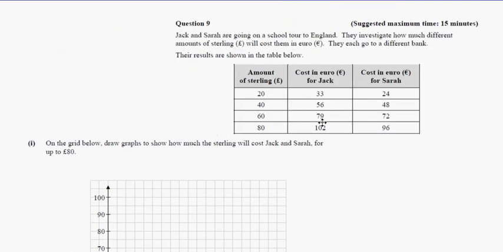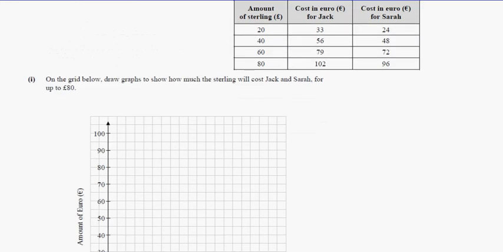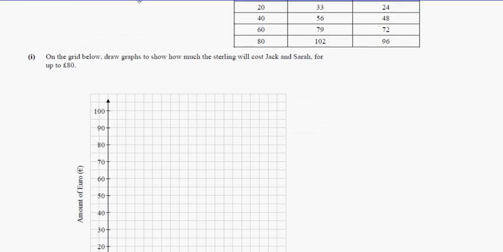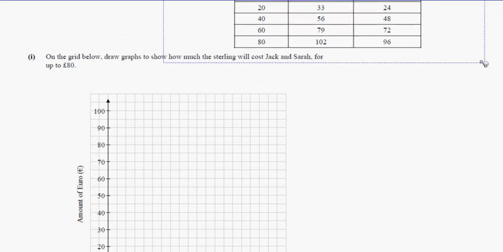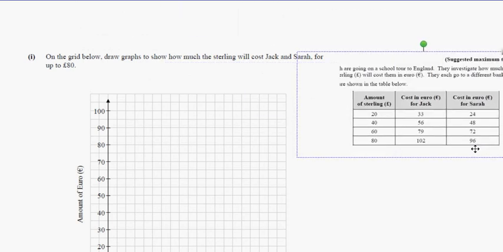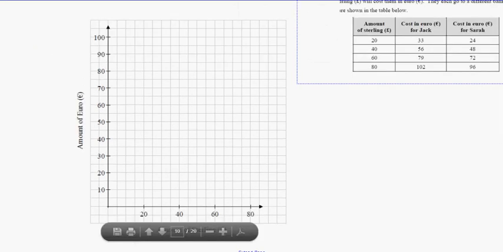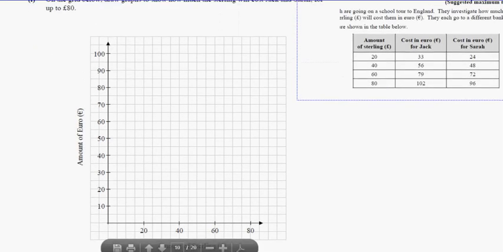Okay, so we're going to draw this information in the top right hand corner onto the graph. So we're going to start off with Jack.